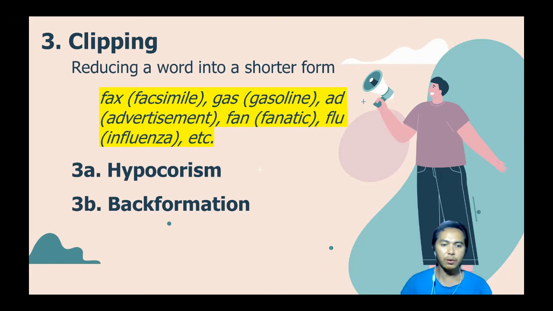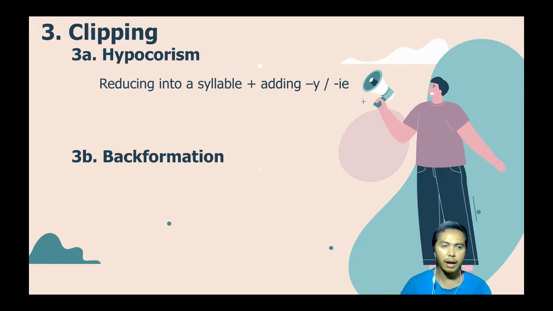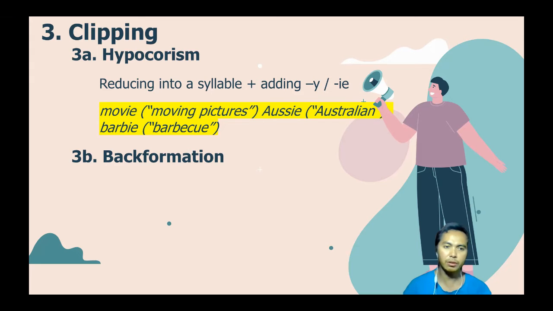Under clipping, we also have 2 types: hypocorism and back formations. Hypocorism is reducing words into syllables and then adding y or ie at the end. So that's why we have Barbie. It's from barbecue. You drop the end part and then you add ie.